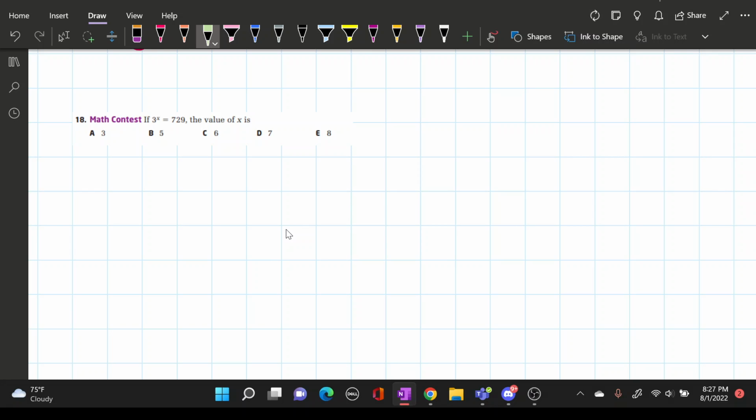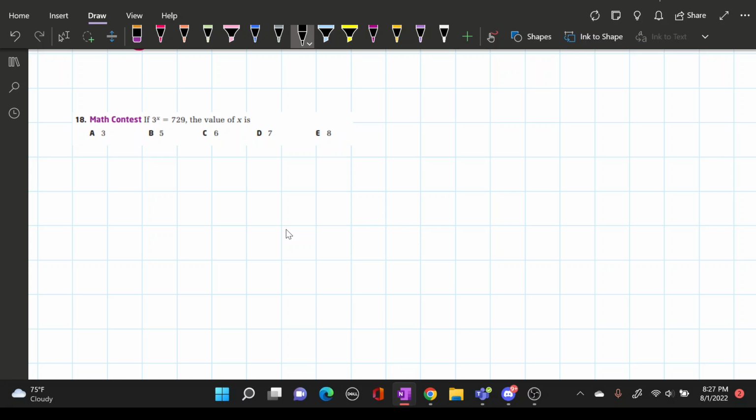Okay. So here, there's a few ways we can do this. You could either do guess and check here, or I'll basically show you guys something called log rules. So log rules will allow us to do this so much quicker than traditional guess and check. There's actually a few ways we can do this.